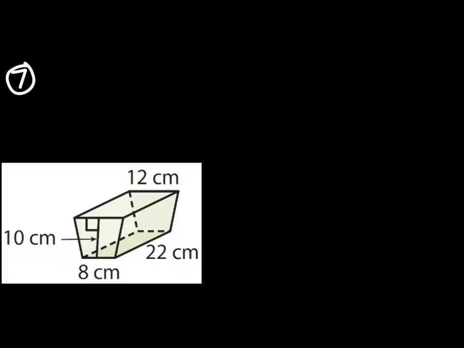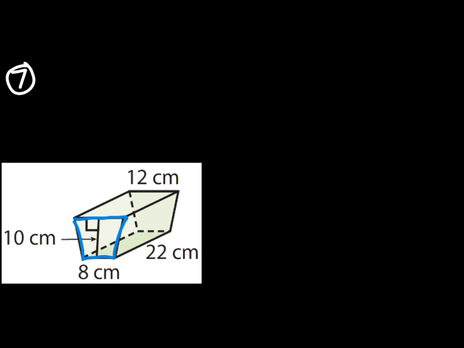For question number 7, we are asked to find the volume of this polygon over here. Now, if we have a look at this shape over here, we can see that this is a trapezoid. Therefore, this polygon that we are dealing with is a trapezoidal prism.